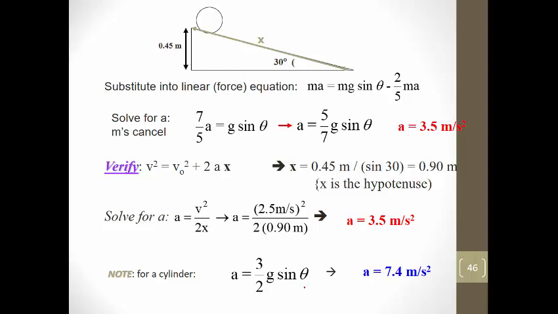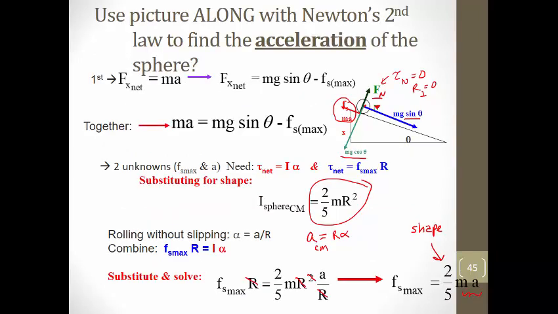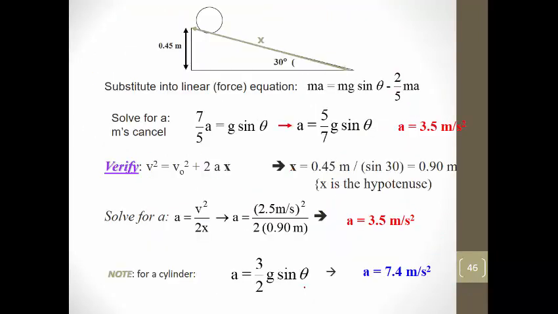But in that case, I need to know what the final velocity is. But we know that because we found the final velocity for a sphere rolling down by using conservation of energy. So a little more complicated than just a chapter 2 problem.